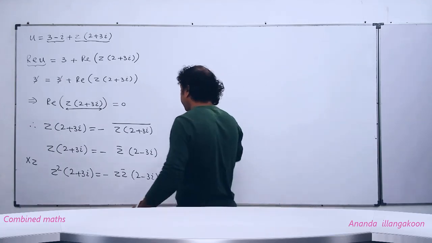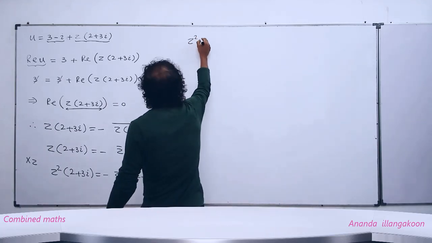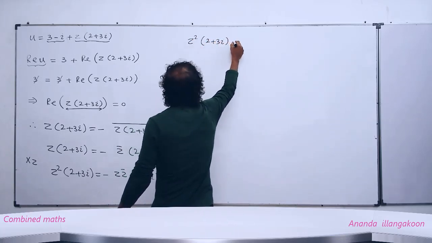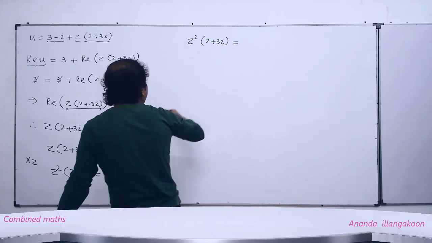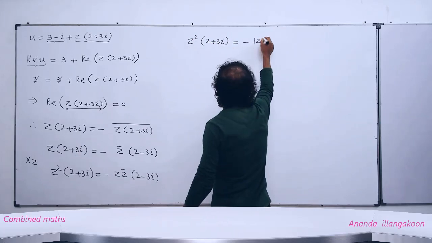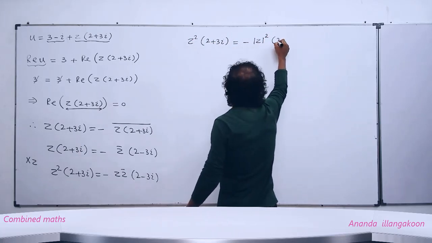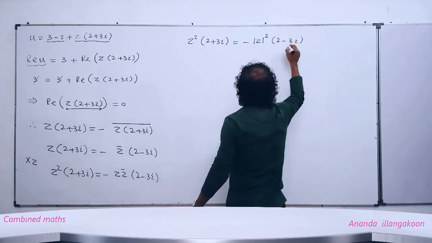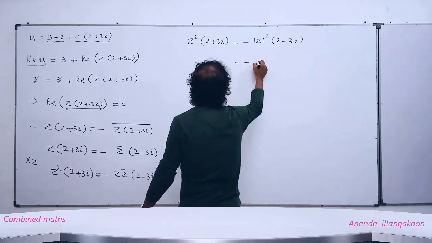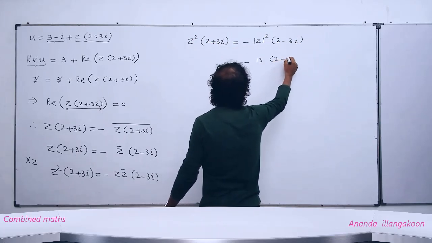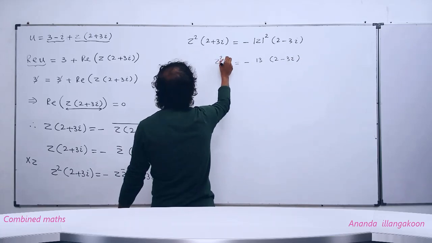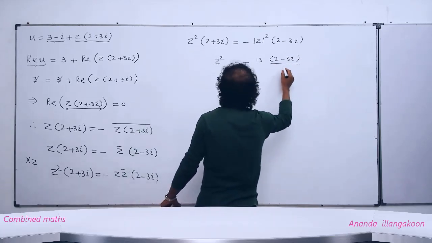Right. So then I can write Z squared times (2 plus 3I) equals minus Z bar, meaning mod Z squared times (2 minus 3I). Mod Z squared means, people, 13 times (2 minus 3I), and this Z squared we bring to the denominator like this.